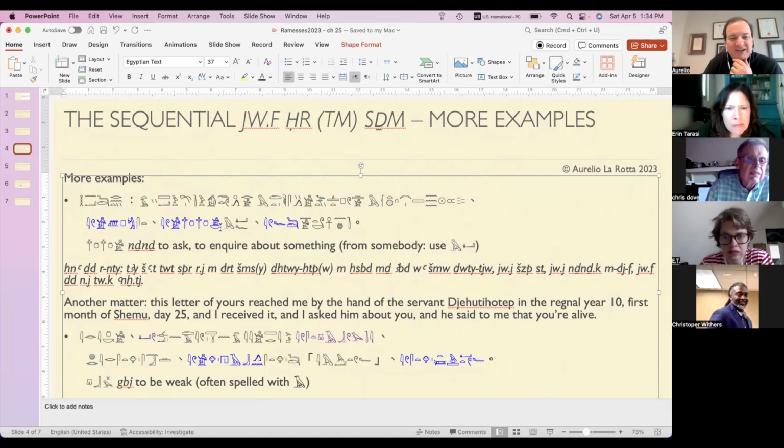You can just always glue an "and" in there in English, or you can make it more elegant: and I received it, asked him about you, and he said. But in principle, always putting an "and" here mentally is perfectly okay.